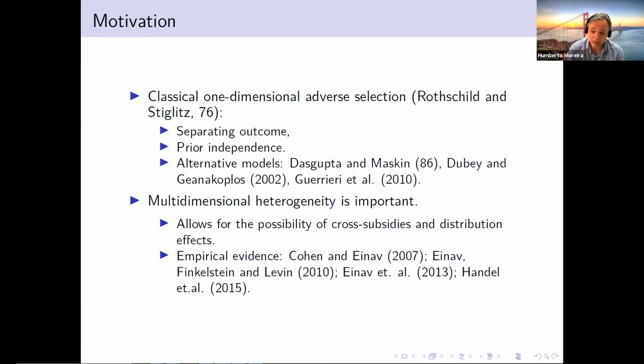They show that unobservable heterogeneity in risk aversion is greater than that in risk, and we're going to illustrate exactly this point in our theoretical model. And if you go further in the empirical literature, you're going to see that recent papers try exactly to document this kind of importance in terms of the empirical analysis, right?